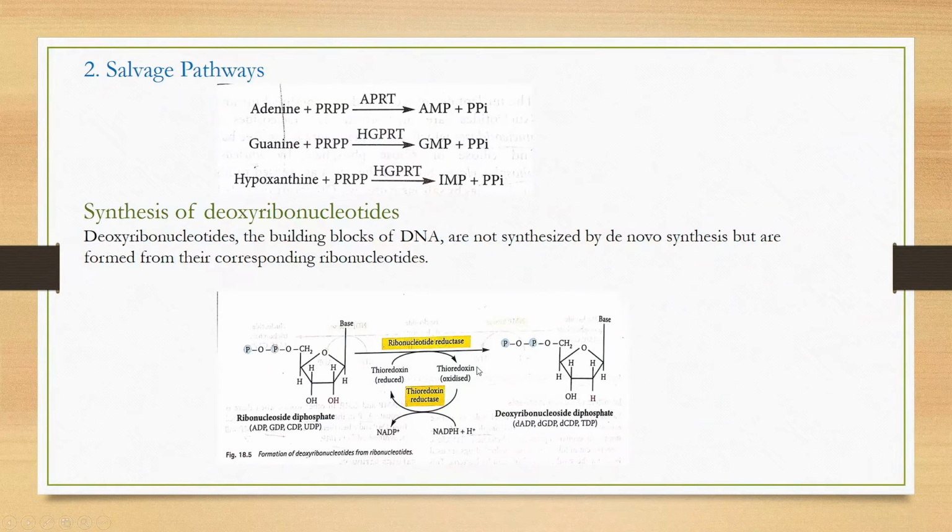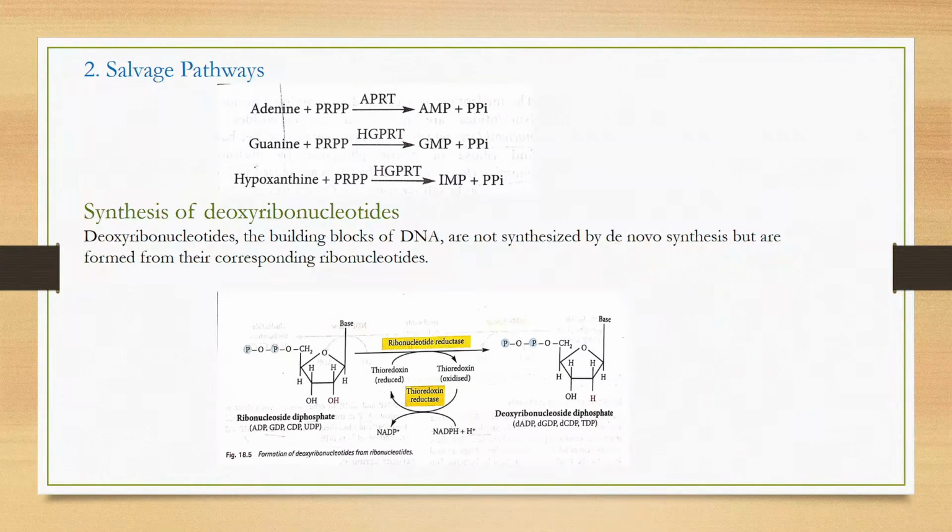Regarding the reaction mechanism, the ribonucleotide reductase complex is a multi-subunit enzyme possessing allosteric sites.